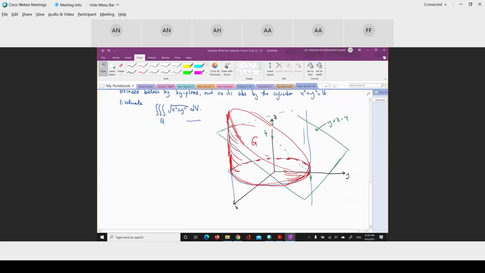Okay, so z is bounded below by the xy plane, which is z equal to 0, and bounded above by this plane. If you solve for z, it is z equal to 4 minus y.